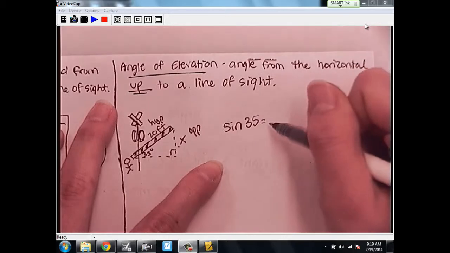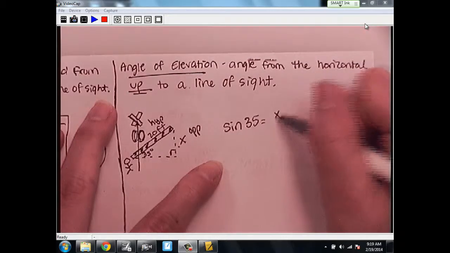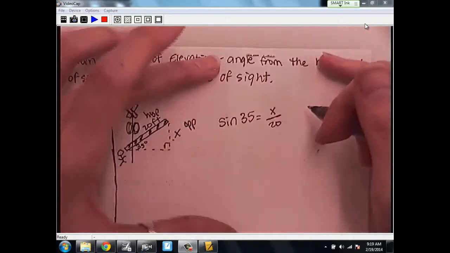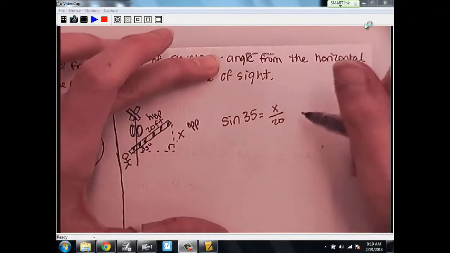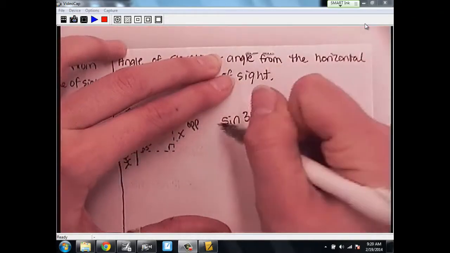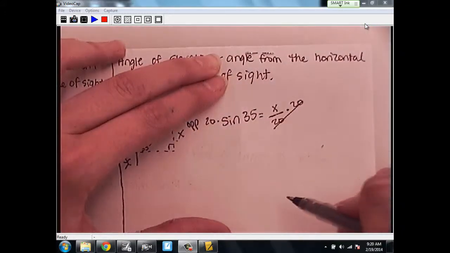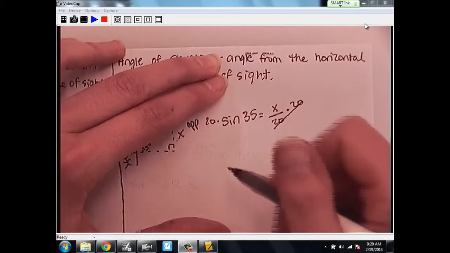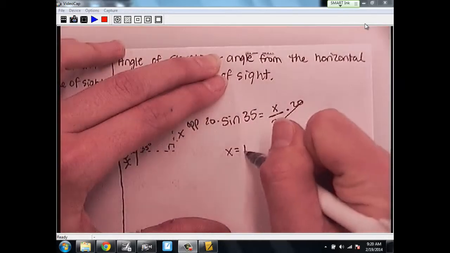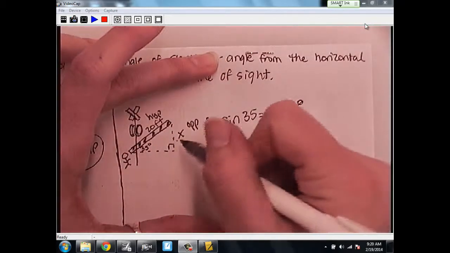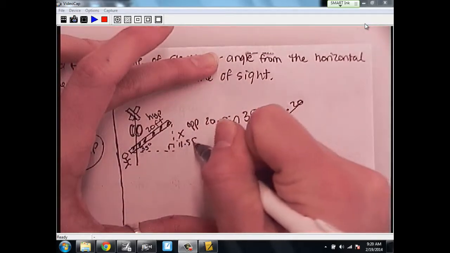Sine of your angle equals the opposite over the hypotenuse. X is up high, so we multiply. Go times 20 here. Type 20 times sine 35 in your calculator, and you get x is 11.5 feet.